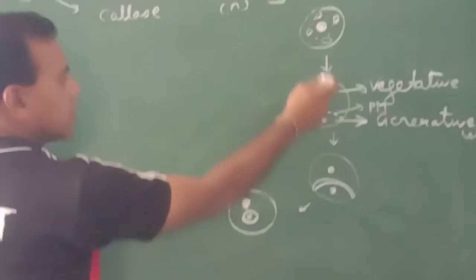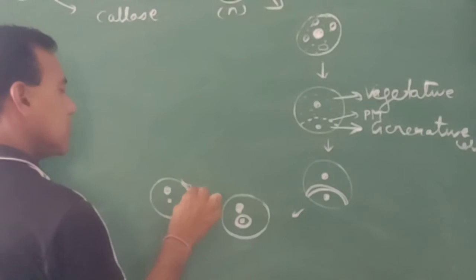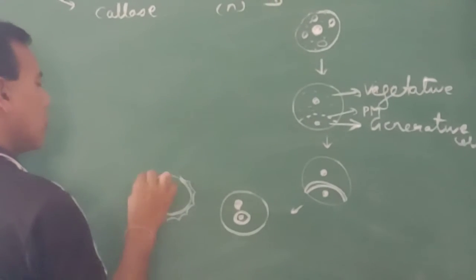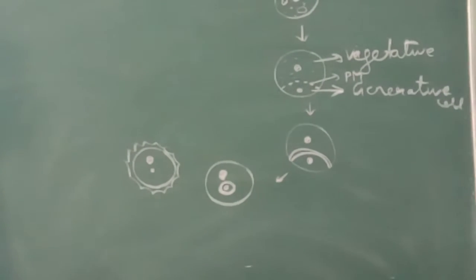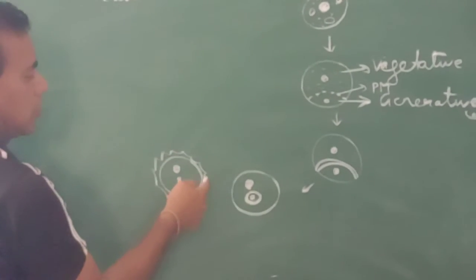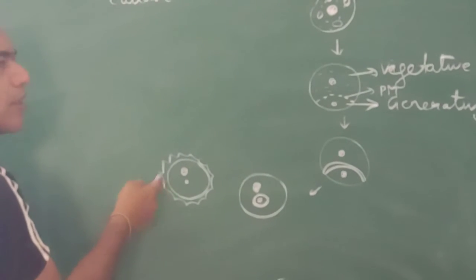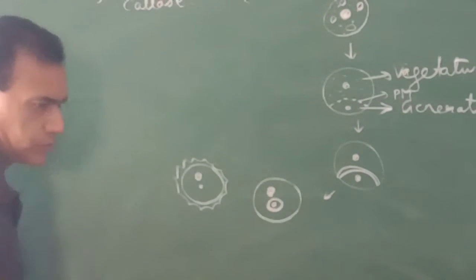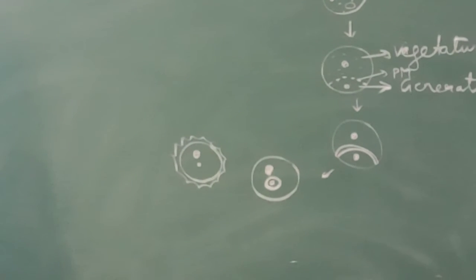Now while this process was taking place, side by side pollen wall formation was also taking place, in which the tapetum played a very important role in making pollenkitt material and various other things present in the wall.